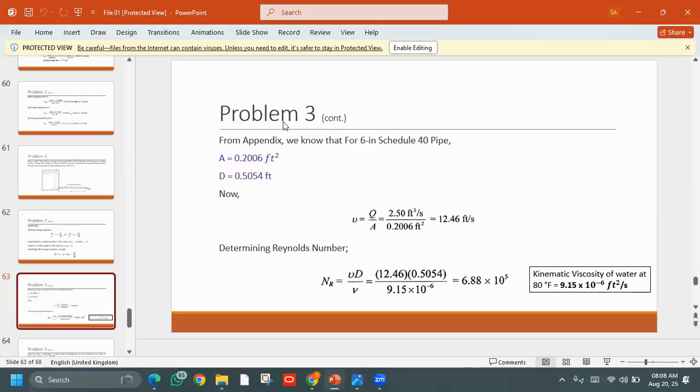So we have the area and diameter from appendix H, written here.